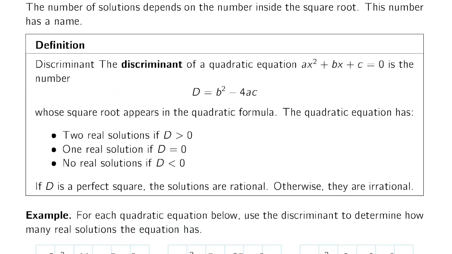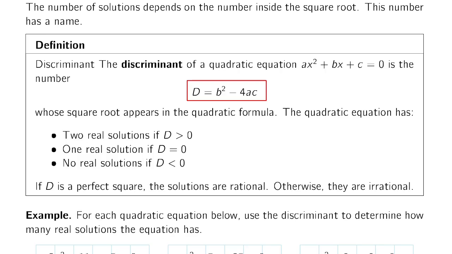That number, b squared minus 4ac, that shows up inside the square root in the quadratic formula, is called the discriminant. And the discriminant determines the behavior of a quadratic equation.